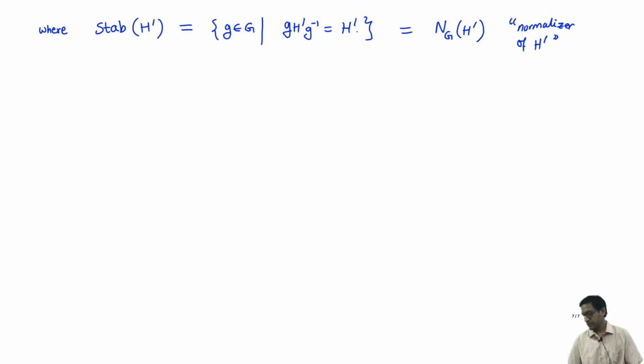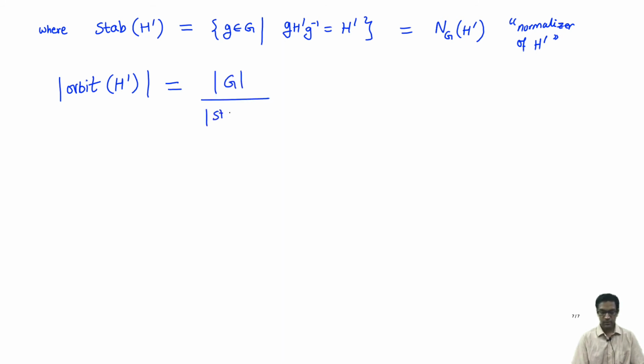Now let's see what else we can conclude about the stabilizers. Recall from the orbit-stabilizer theorem, the one giving the cardinality of an orbit, how one finds the orbit of H prime. The orbit is related to the stabilizer in this way; if you know the cardinality of the orbit, that determines the cardinality of the stabilizer.